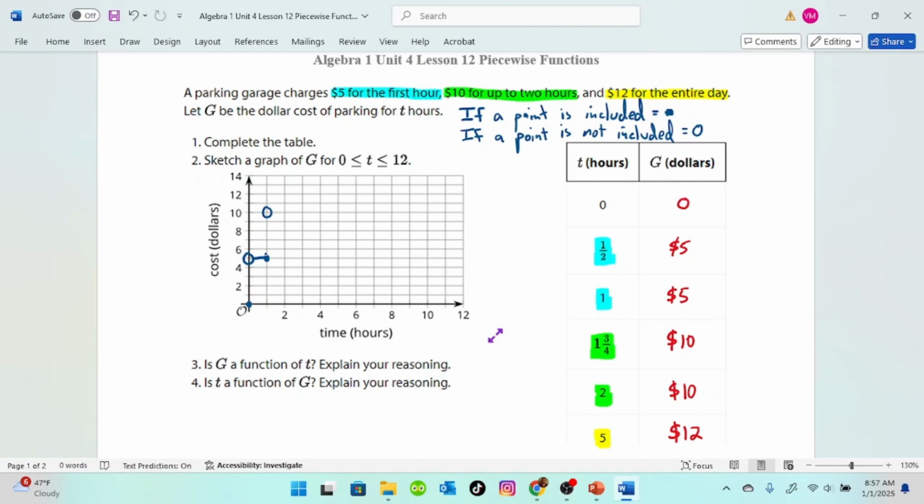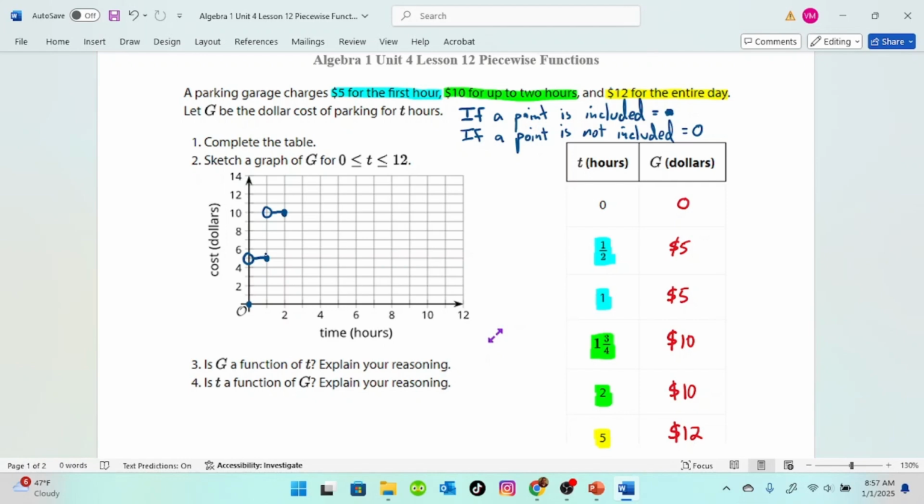And this $10 price goes all the way up to 2 hours, and it includes 2 hours, so we're going to put the solid dot there. And then we draw a line to connect them, because everything from 1 hour and 1 minute all the way up to exactly 2 hours, all those time options cost exactly $10.